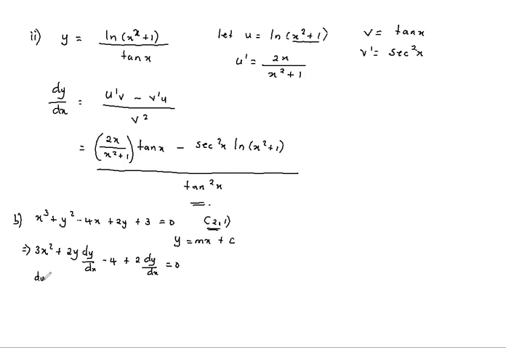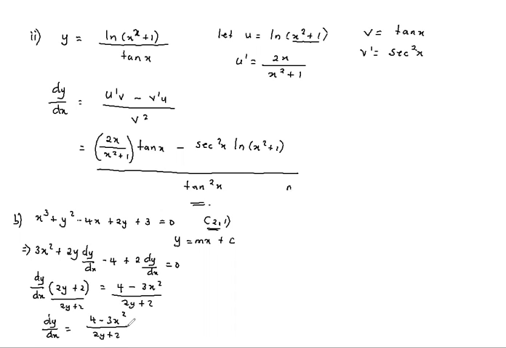So we factor out dy/dx and remain with 2y plus 2. And take 4 to the other side and 3x squared. And then divide by 2y plus 2. So we have dy/dx is equal to (4 minus 3x squared) over (2y plus 2).